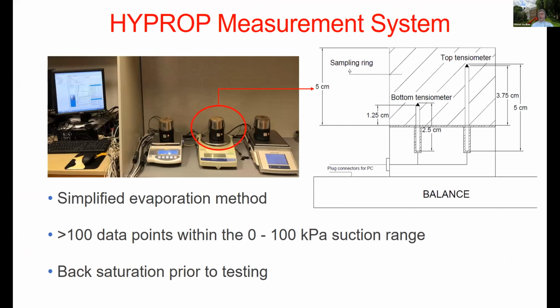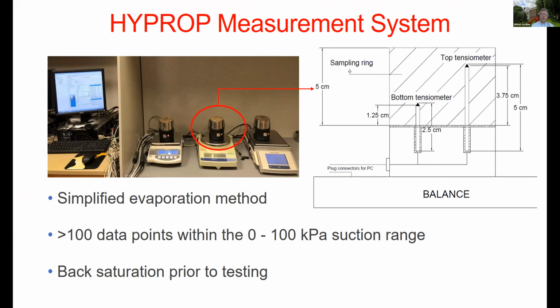We looked at the unsaturated hydraulic properties of these systems, because they're superficial systems, and plant growth is important. So it's very related to unsaturated properties. We are using a very recent system called the Hyprop system, developed by Meter Group in the US, using a simplified evaporation method.